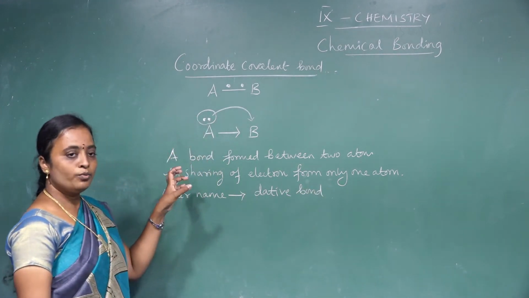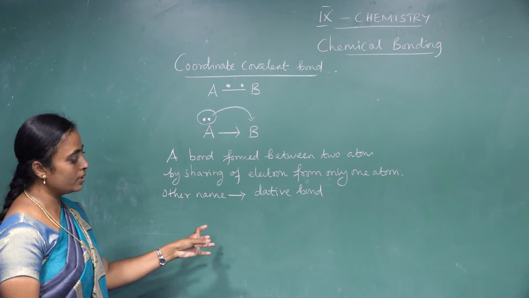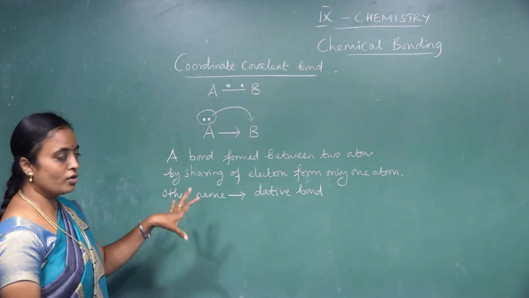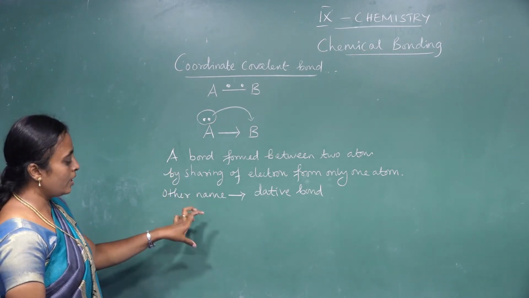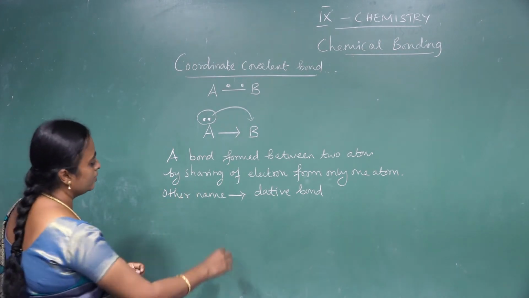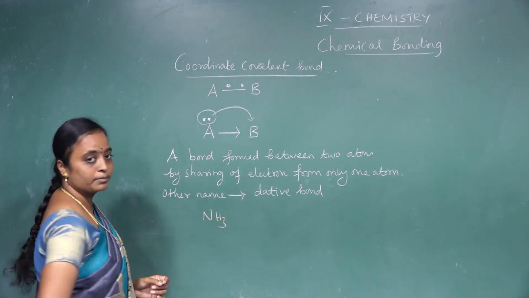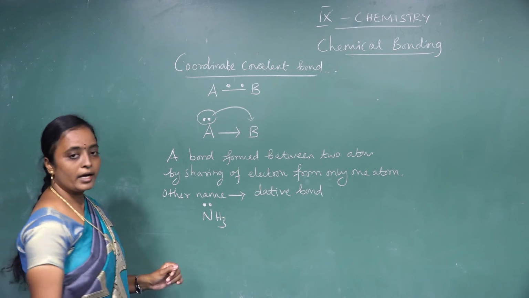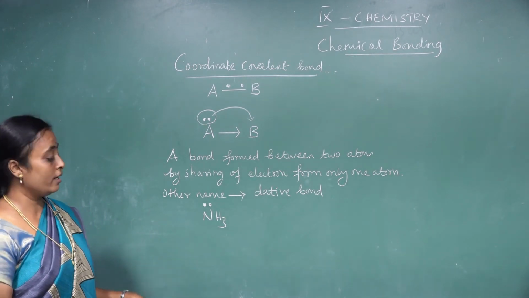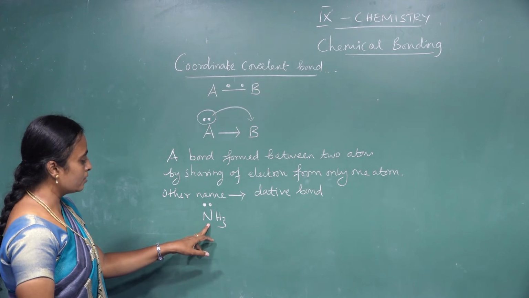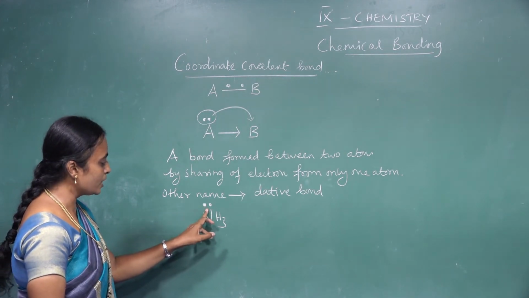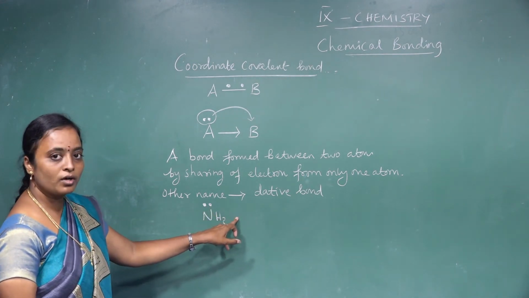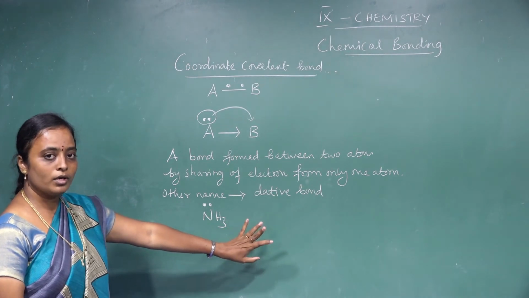Which molecules are involved in a dative bond? Generally, a dative bond involves the sharing of electrons. For example, take the ammonia molecule. In ammonia, nitrogen has one unshared pair of electrons, which we called a lone pair. This lone pair is shared with another atom, and by using this shared pair of electrons we get a coordinate covalent bond or dative bond.